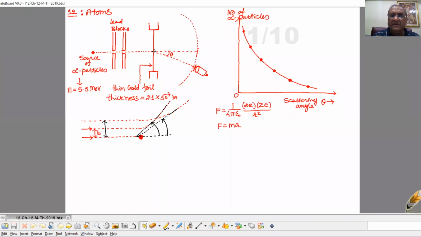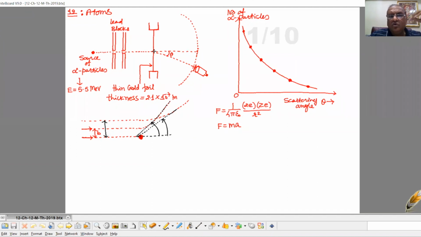He represented this small tiny region, in which almost the entire mass, 99.99% of the mass of the atom, is concentrated, and that is known as the nucleus, and the entire positive charge is also concentrated in that small region.